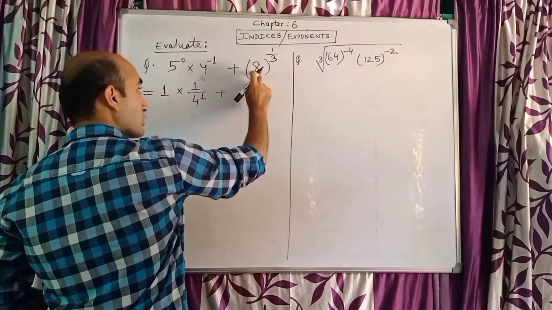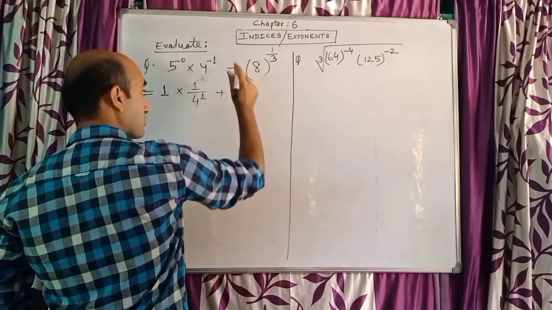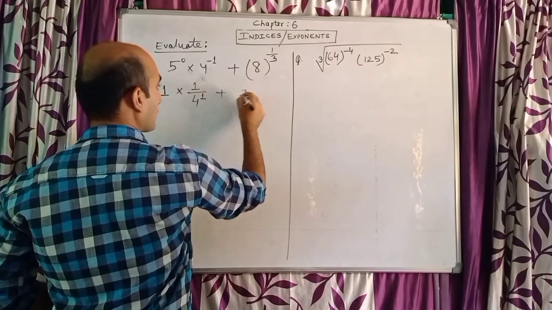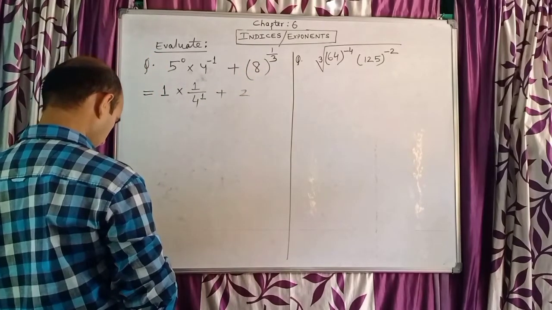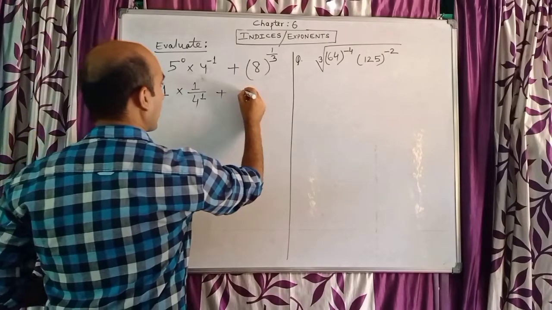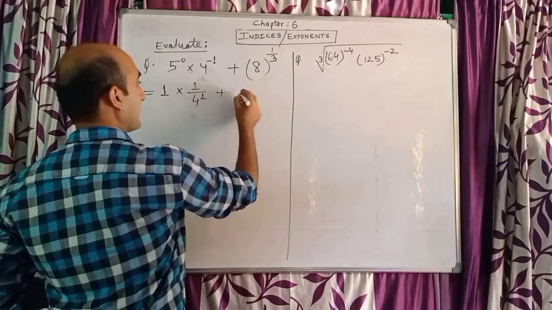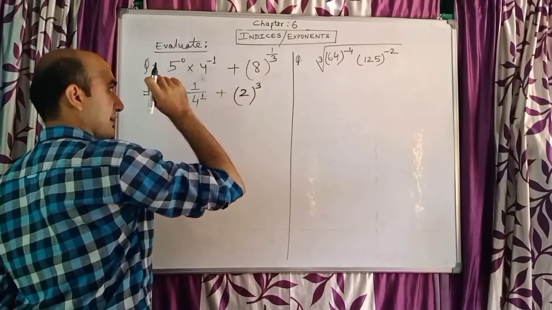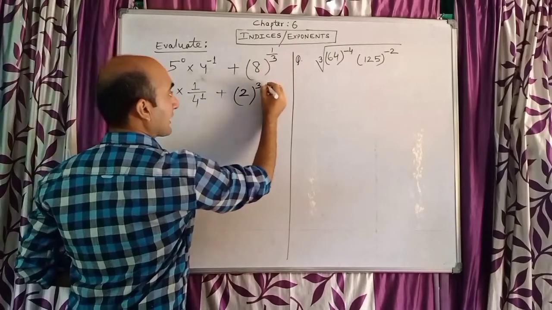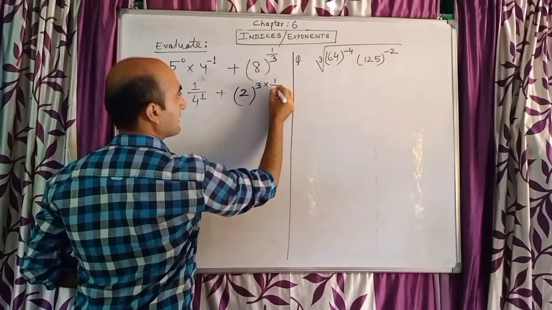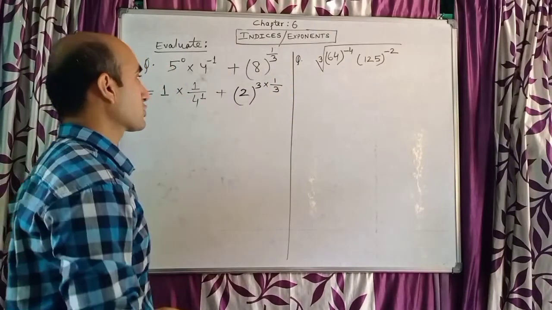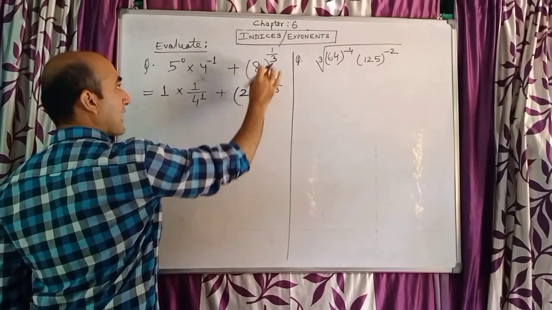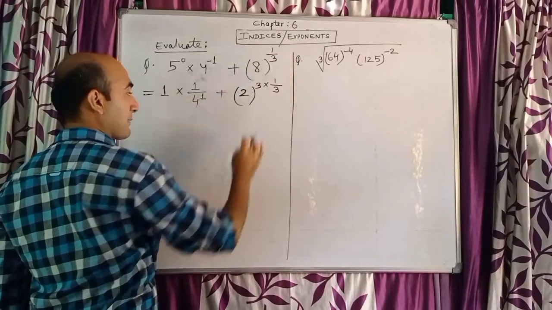Here there is 3, so you try to bring 3 with this number also. And to bring 3 with this 8, you write 2 cube, because 2 cube is 8. And then the exterior power is 1 by 3, that you write here. So very simple, 8 became 2 cube and this power is as it is, 1 by 3.